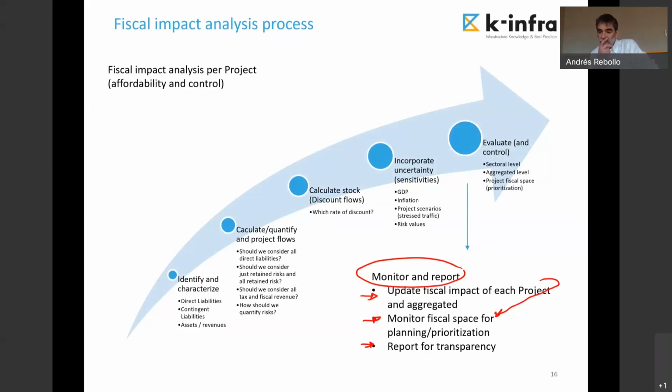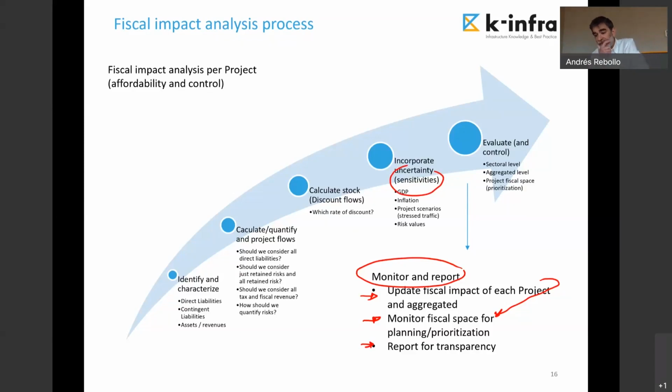Okay, yes, I was mentioning now, when we were talking about sensitivities, it could make sense to incorporate in the assessment certain risk scenarios or certain values, like for example certain percentiles, like P95.